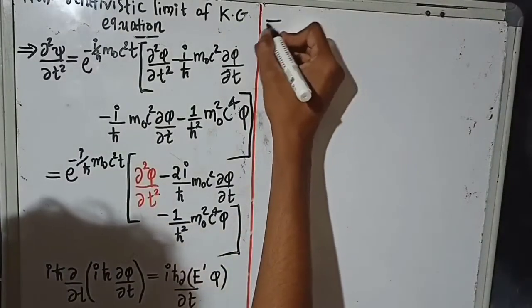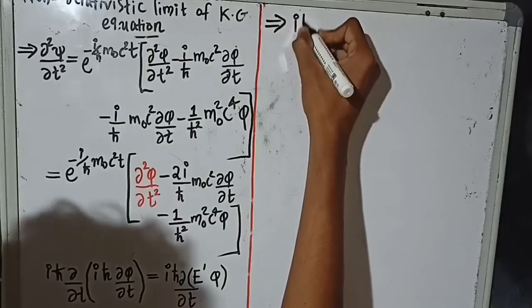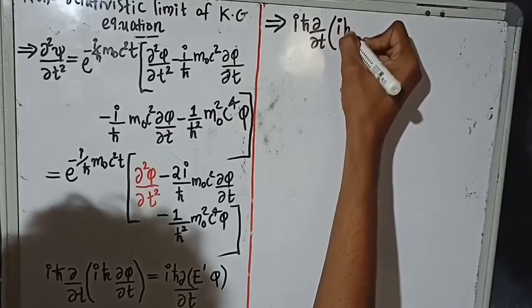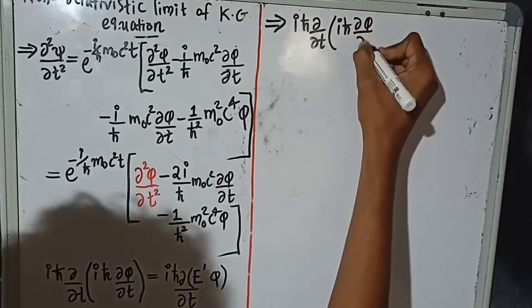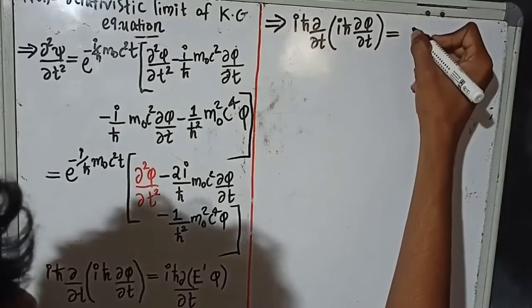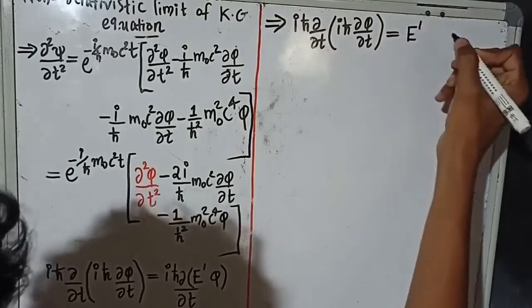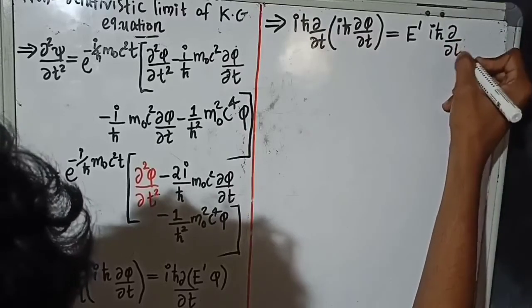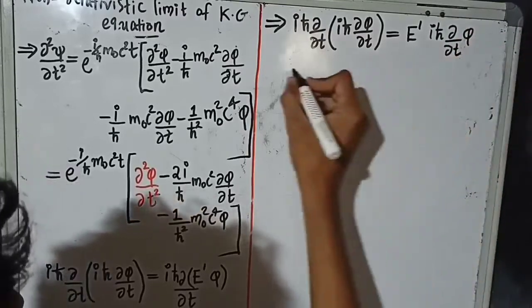We can write this expression as i h cross ∂/∂t of i h cross ∂φ/∂t. Let me take this E dash outside. So this gives E dash i h cross ∂φ/∂t.